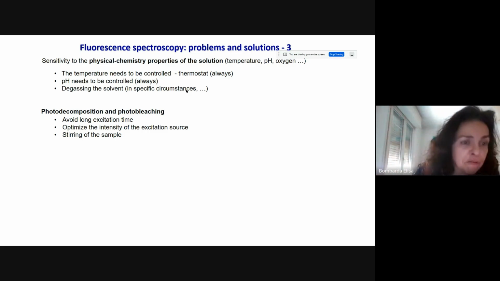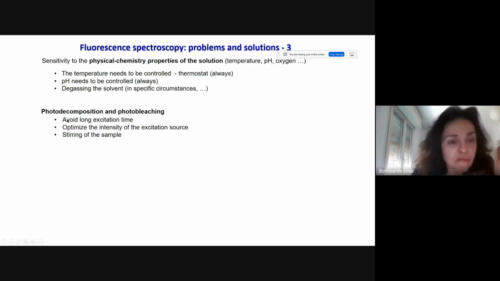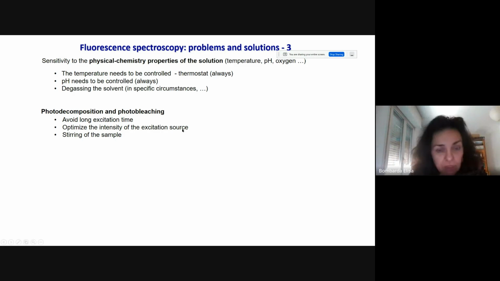So what to do to avoid this problem? Avoid long excitation times, and optimize the intensity of the excitation source: make some control experiments, and you know that beyond that intensity it's better not to go. Also stir the sample in order to renew it. If you kill molecules, you renew the molecules in the central volume. That can help to a certain extent.